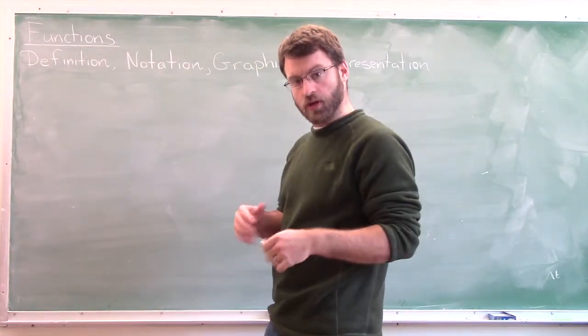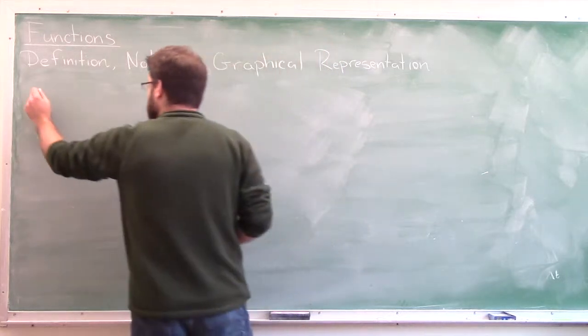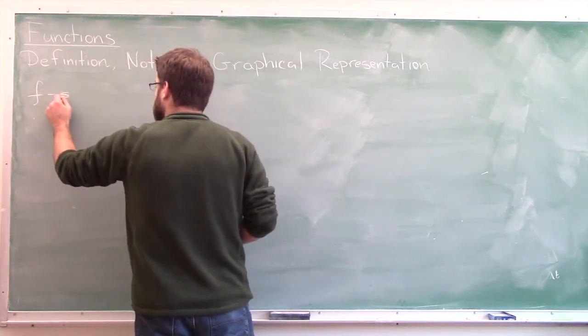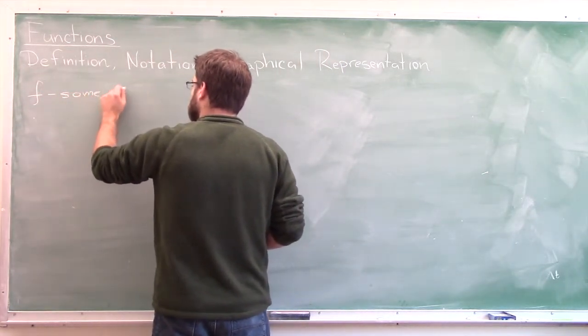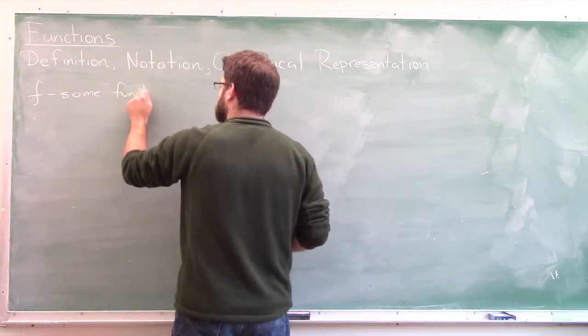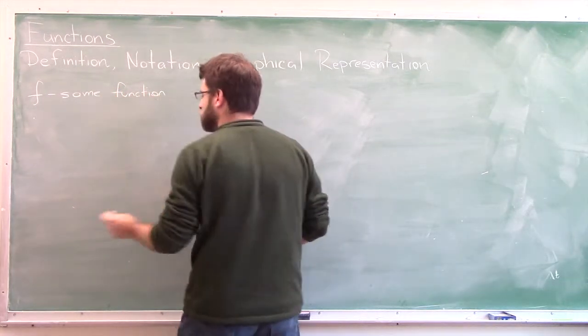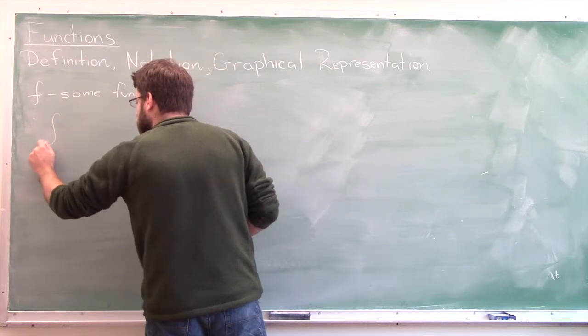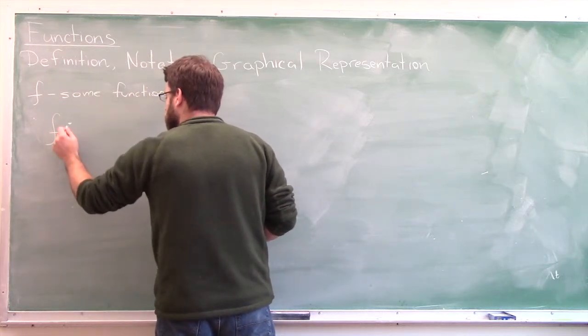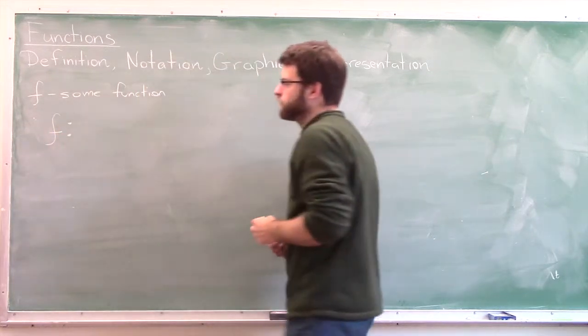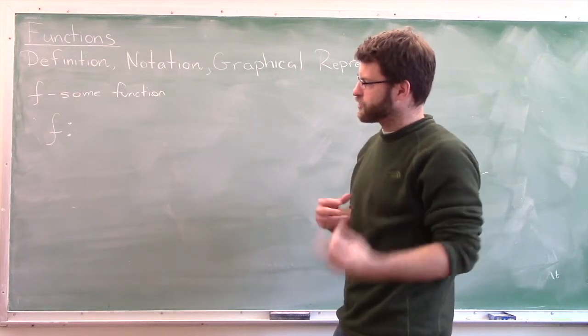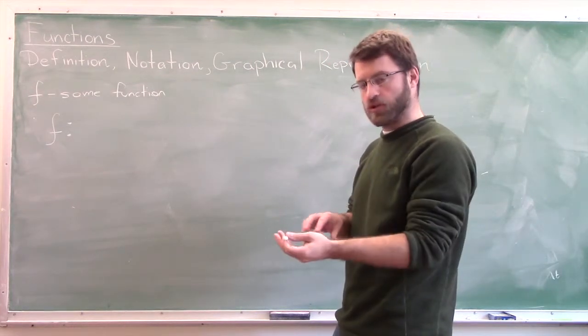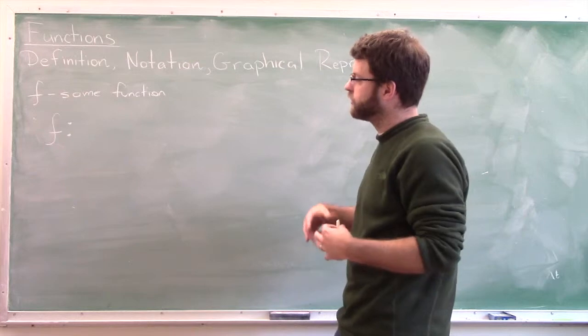For these examples, I'm going to use f as a label for my function. So the first piece of notation we use describes the input set and the output set of a function.